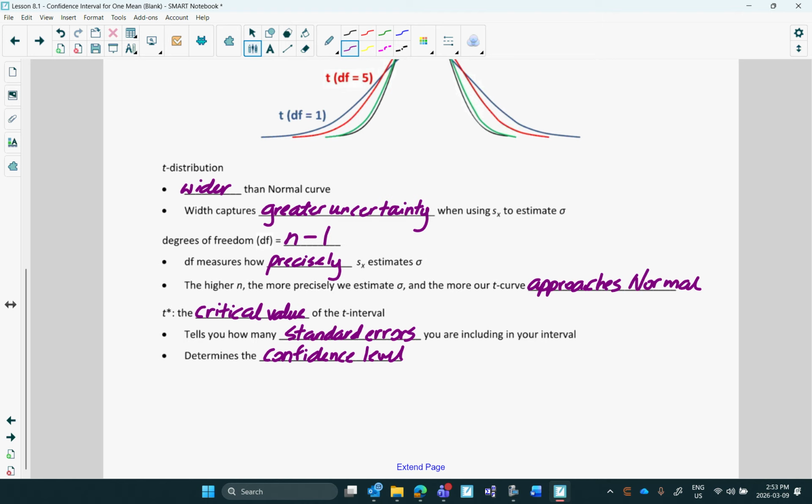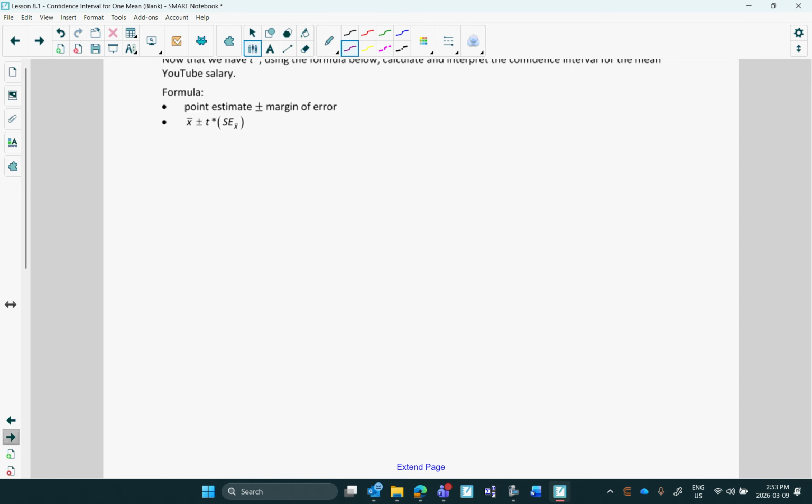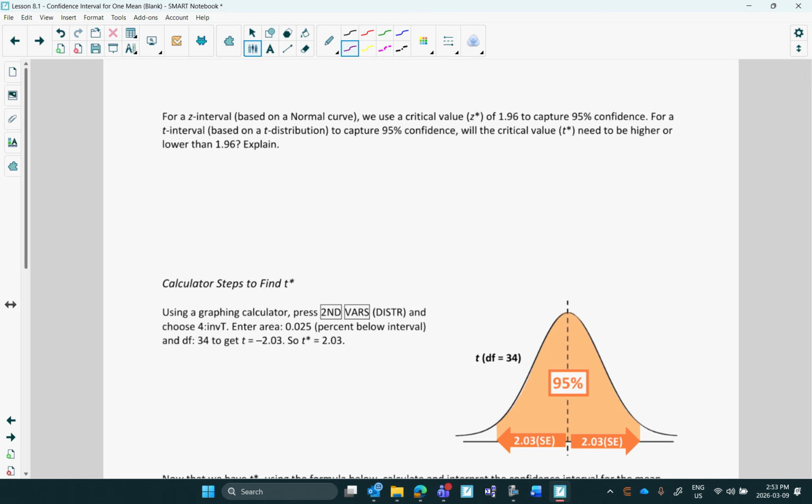So how do you find how many standard errors in a T distribution for 95% confidence? Remember the way we found 1.96.